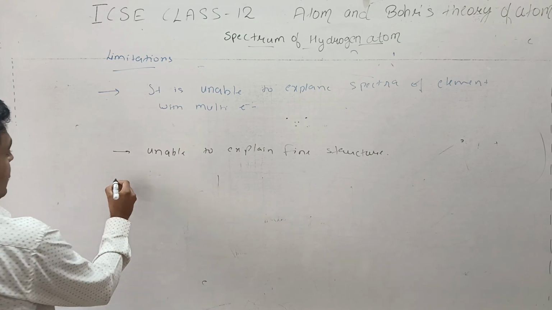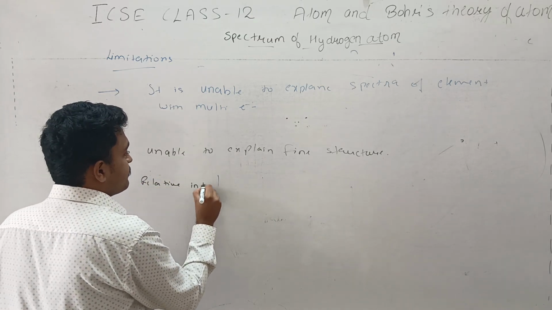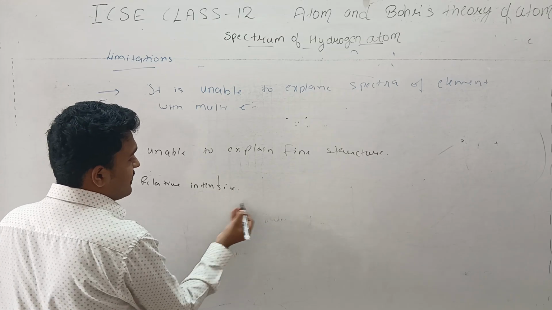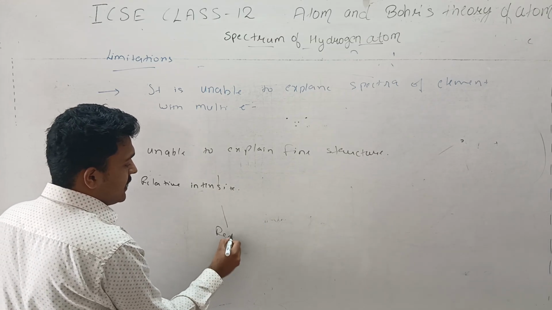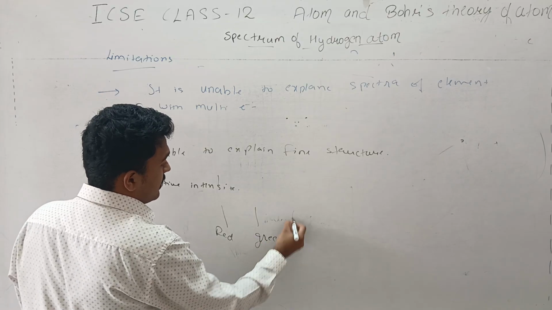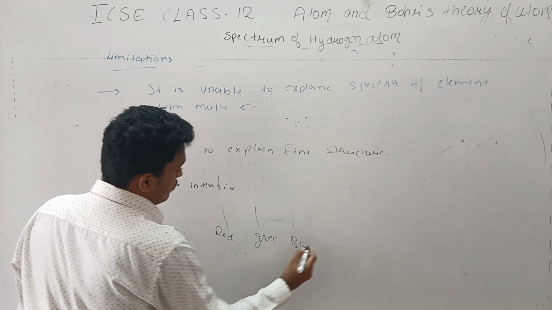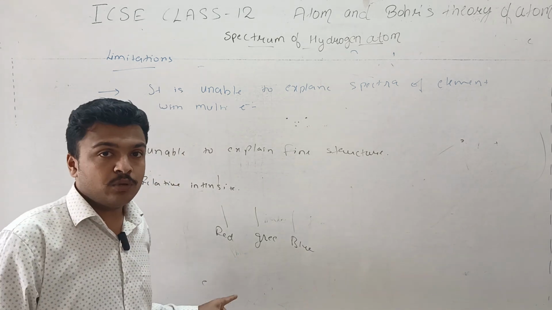Relative intensities means what is the intensity of red light? Red light is brighter than green light, and green light is brighter than blue light. So there is an intensity difference also.